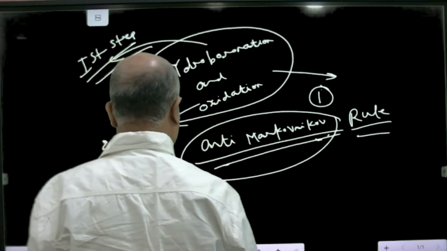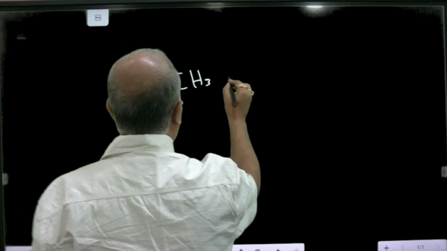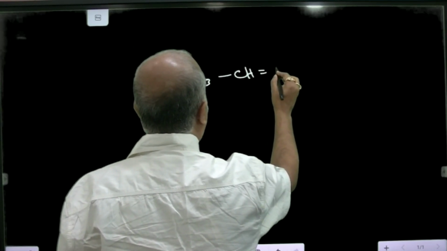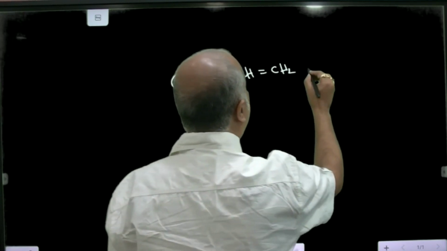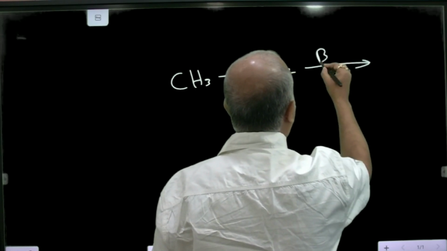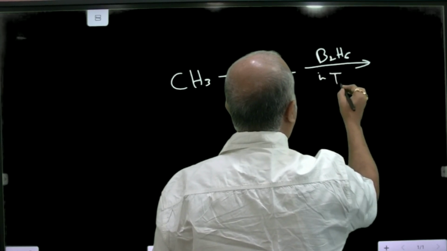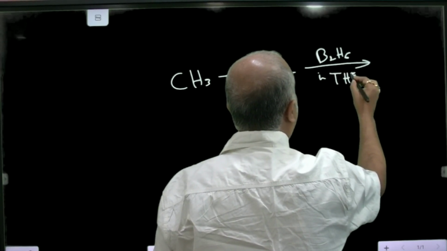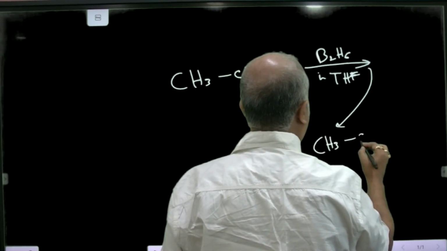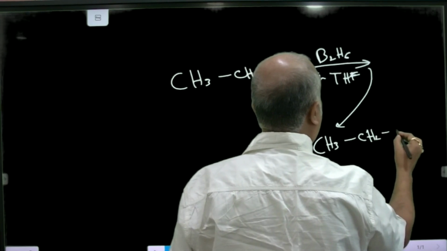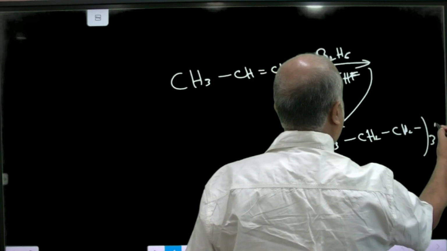Let's see what happens. This is propene. B2H6, that is diborane, in THF.